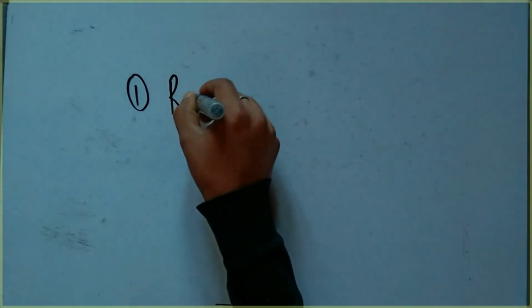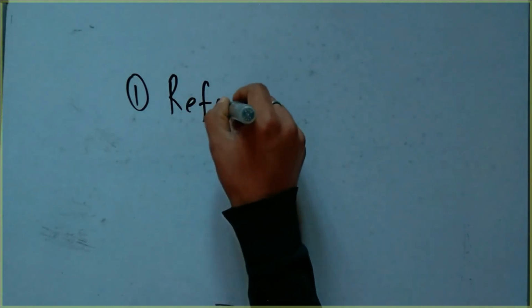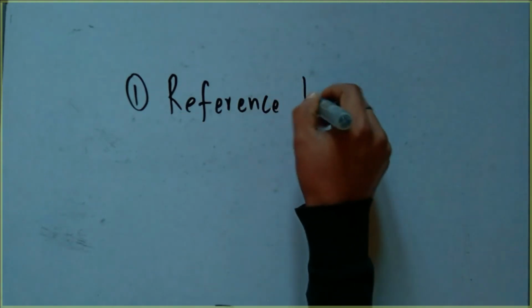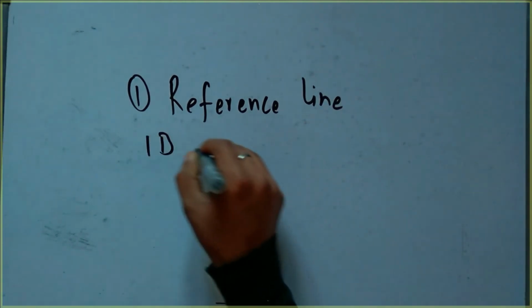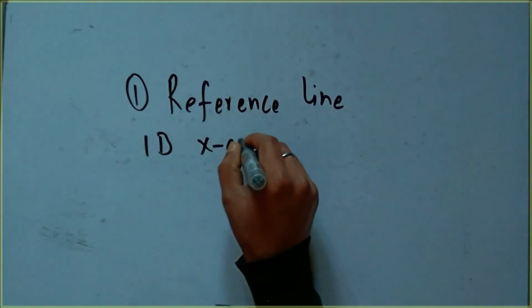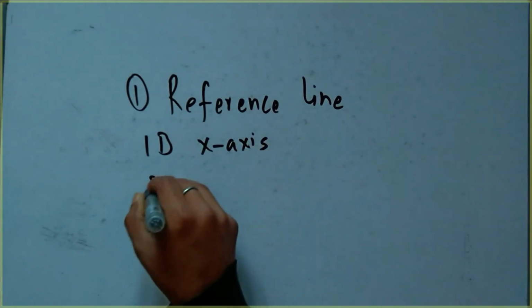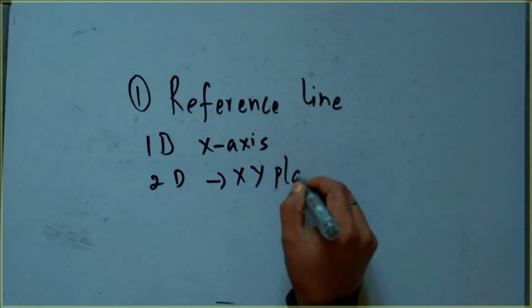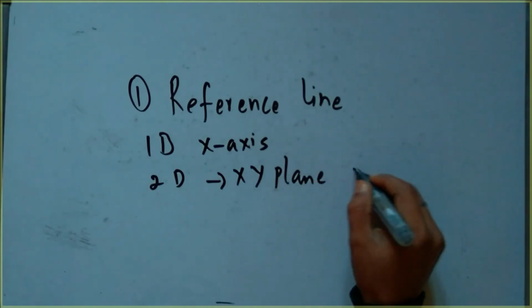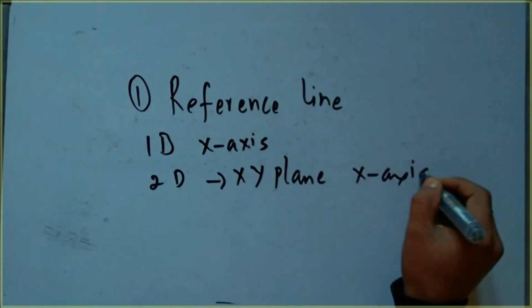A very important point to notice here is when we graphically represent a vector, we need a standard reference line, which in one dimensional is x-axis, in two dimensional being xy plane having x-axis and y-axis.